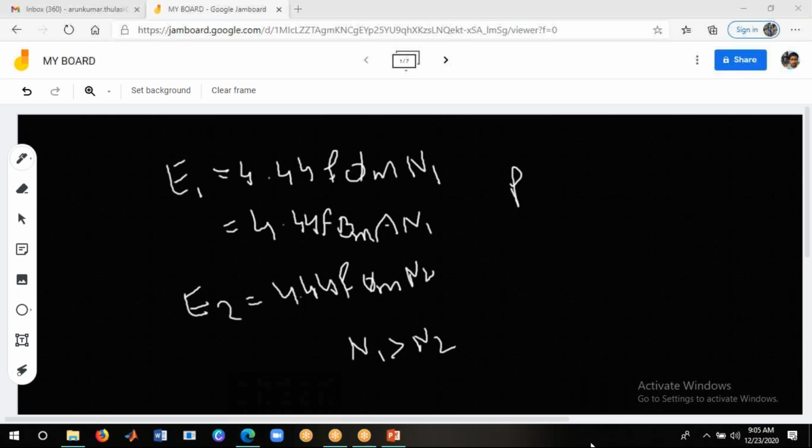Step down transformer, right? Super. When N1 is less than N2, we call it a step up transformer, right? So I think you are clear about the EMF equation, and now from this equation we need to find the transformation ratio. So let's move on to the topic.